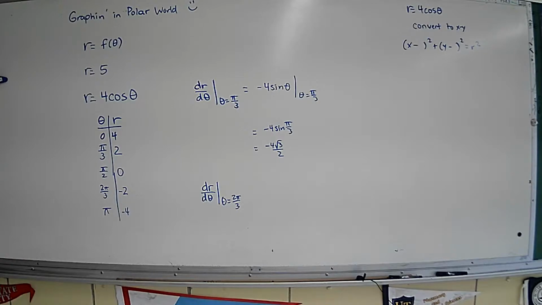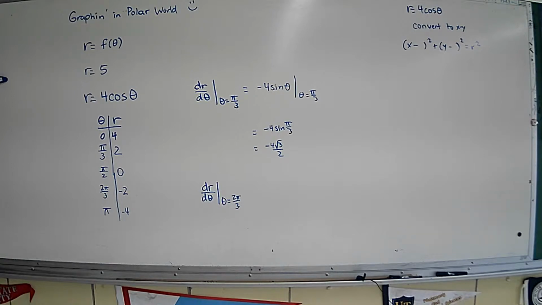What? H and K? Well, yeah, but what are H and K? The center, right? H, K. So if it's at the origin, it's just x squared plus y squared equals r squared.